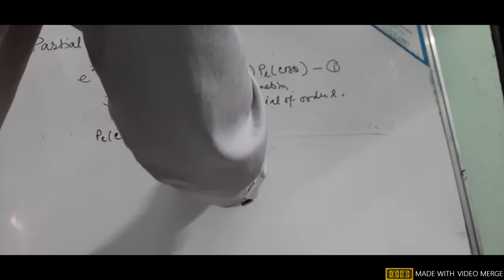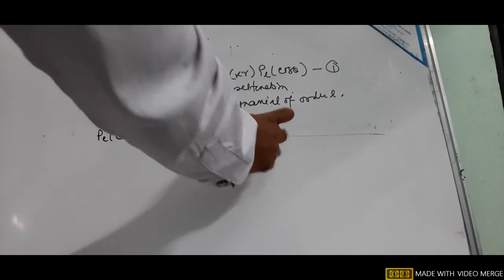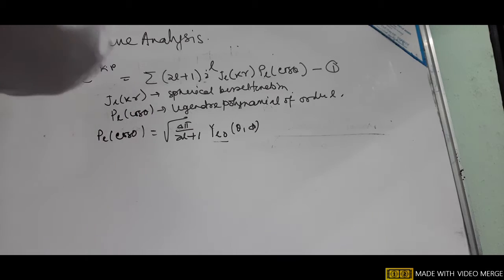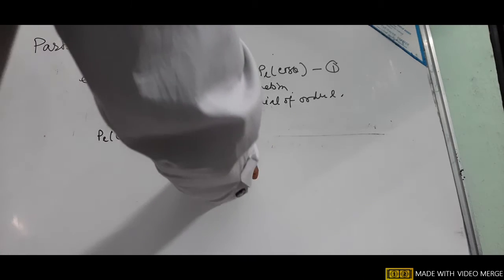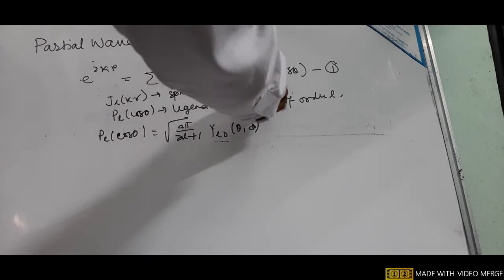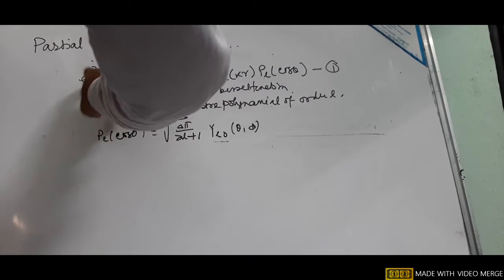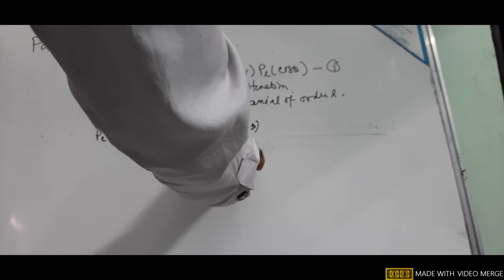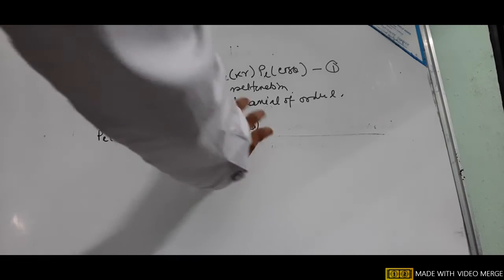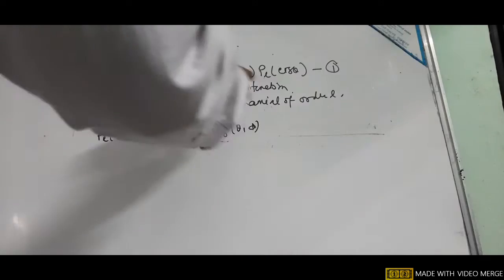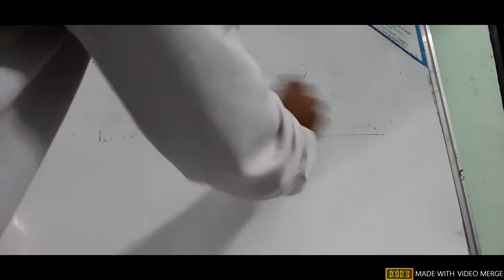Y_l0 is the eigenfunction because the incident particle does not have any angular momentum along the direction of motion. When we expand the plane wave in terms of the spherical waves, the incident plane wave has no angular momentum, therefore m equals 0.